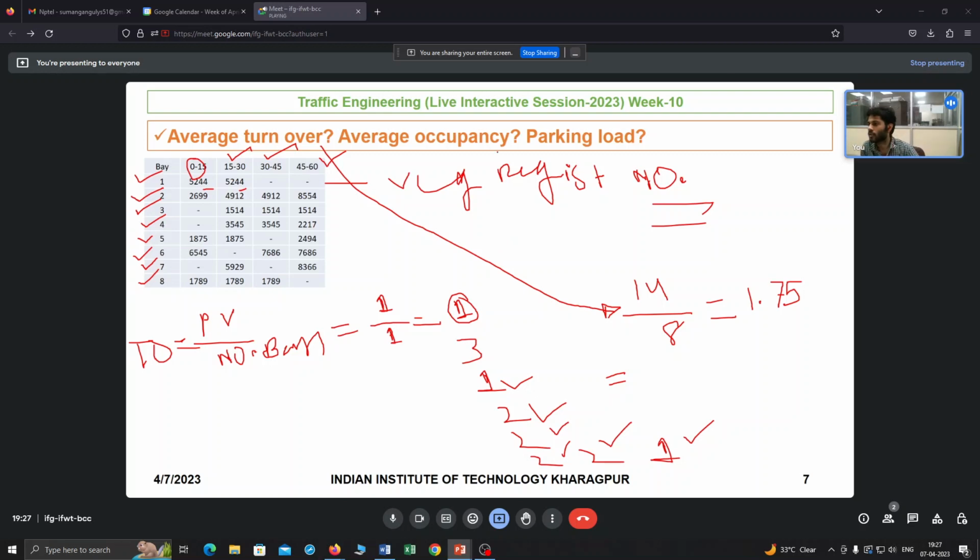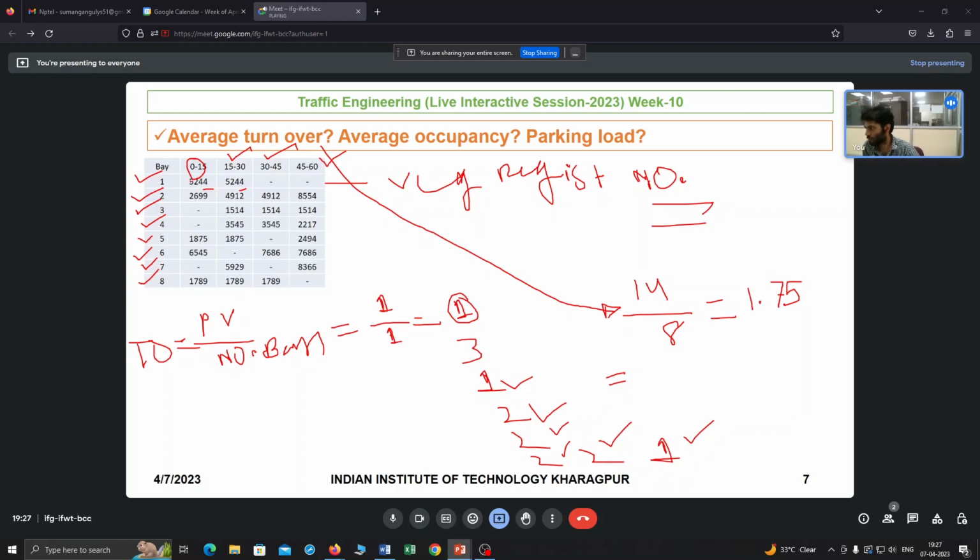So how do you calculate the average occupancy? Suppose we will do it for each 15 minutes interval, right?